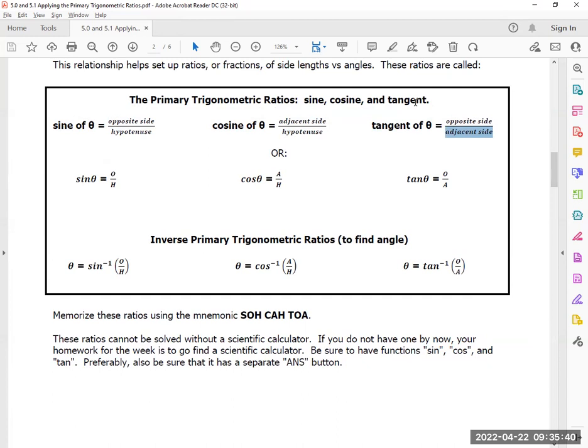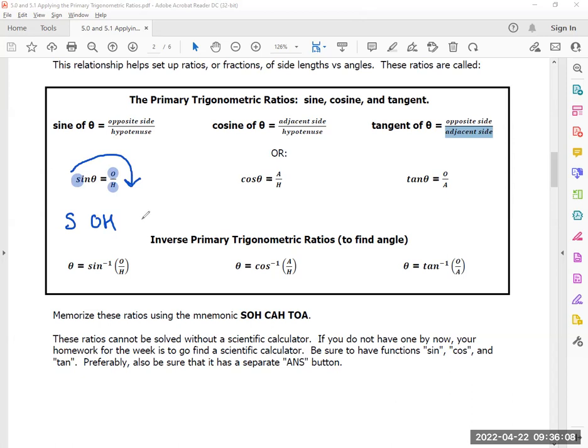Okay, you'll never have to say that again. Here's why. We have a shortcut. Sine starts with the letter S. The fraction opposite over hypotenuse starts with the letters O over H. Put that in order, you get S, O, H.